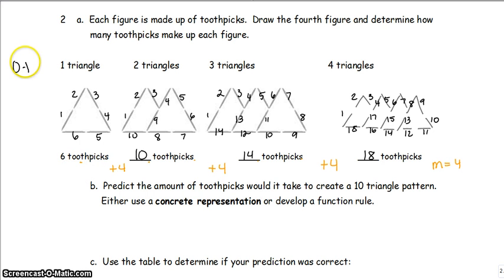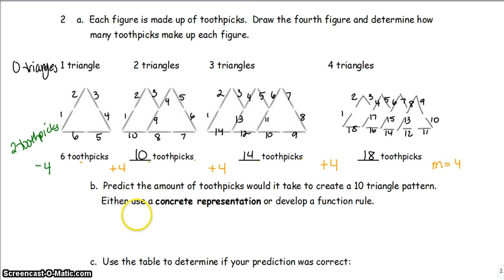So if I were at 0 triangles, and remember that's not possible, you can't have a 0 triangle figure, but you need it for your starting point. Instead of going up by 4, I would move 4 back, which means I would have started with 2 toothpicks, and obviously with 2 toothpicks, you don't have any triangles.